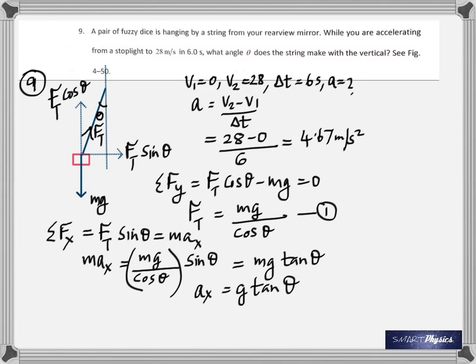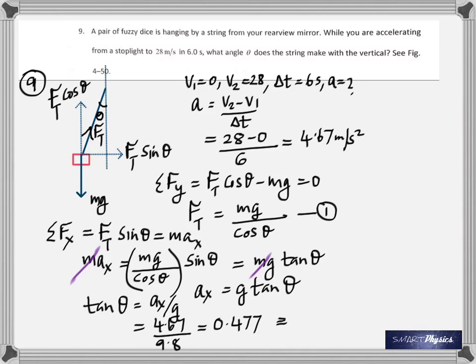And then a_x is g tan theta, so tan theta is a_x by g, 4.67 by 9.8. Take the arctan of that, or the inverse of that, and you get the angle as 25 degrees.